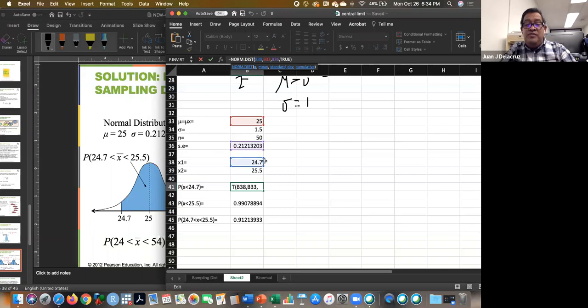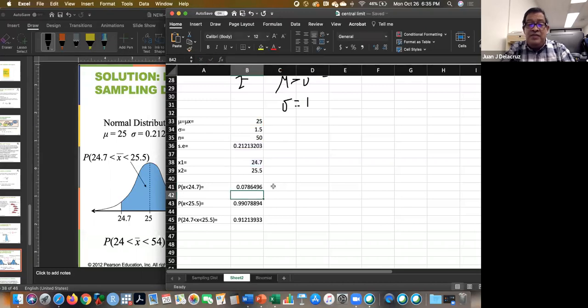In this case, it's 24.7, and then it's asking me for the mean, which is 25, and then it's asking me for the standard deviation. But remember, I'm not using the population standard deviation because I'm not computing population data. I'm computing data that is based on a sample. So that's the reason I am using the standard error instead of sigma, right?